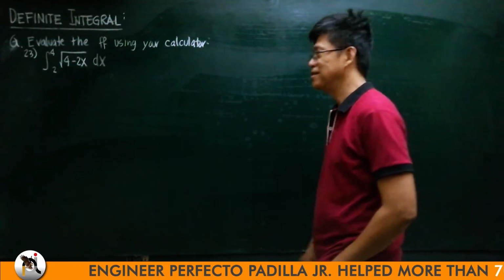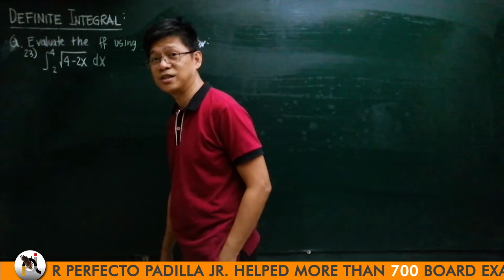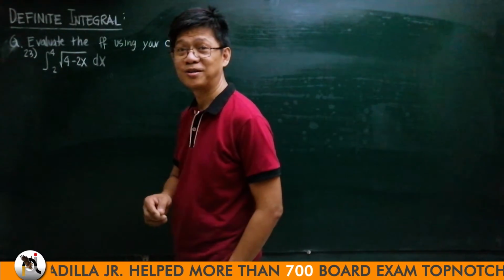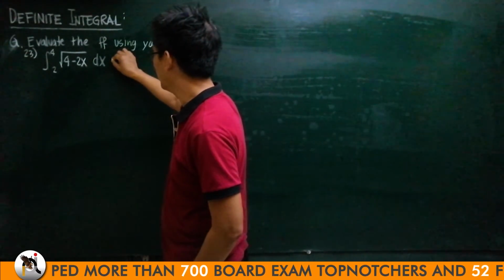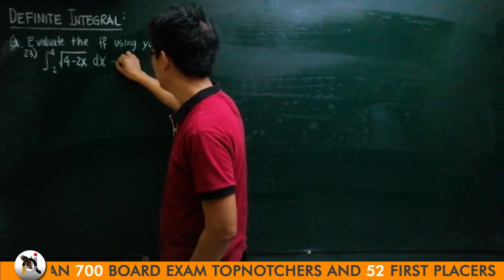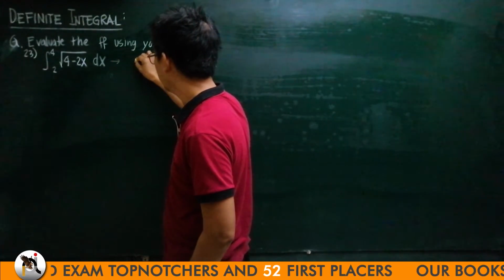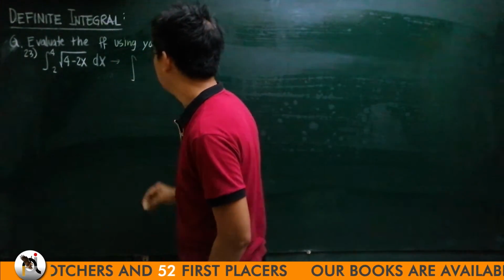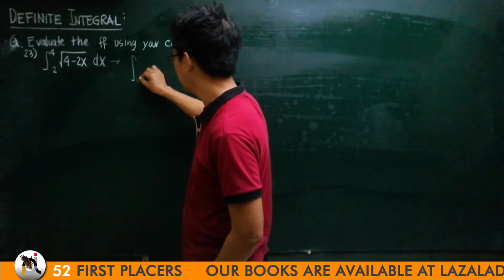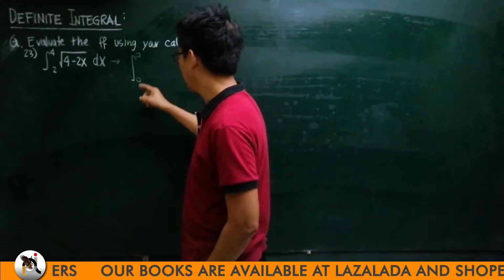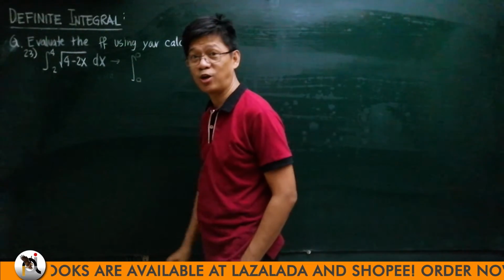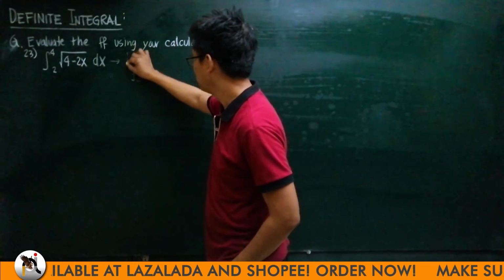Let's have this one. We are to evaluate this using our calculator. You press the integral symbol. Once you press that, there will be a space for the lower and upper limit.